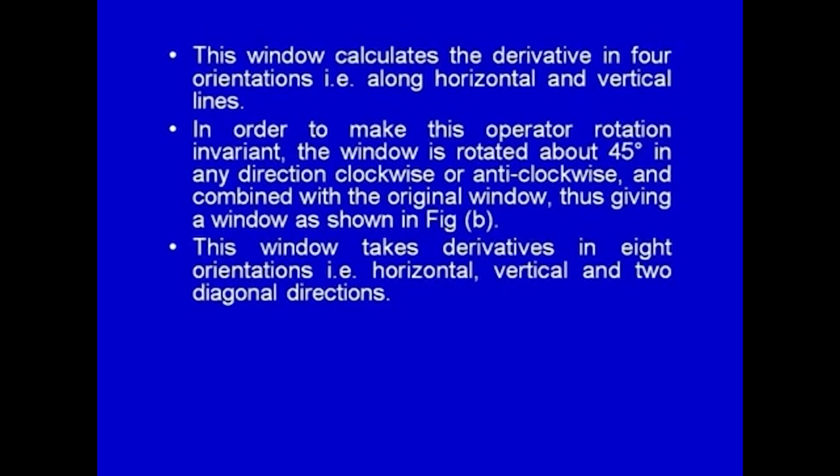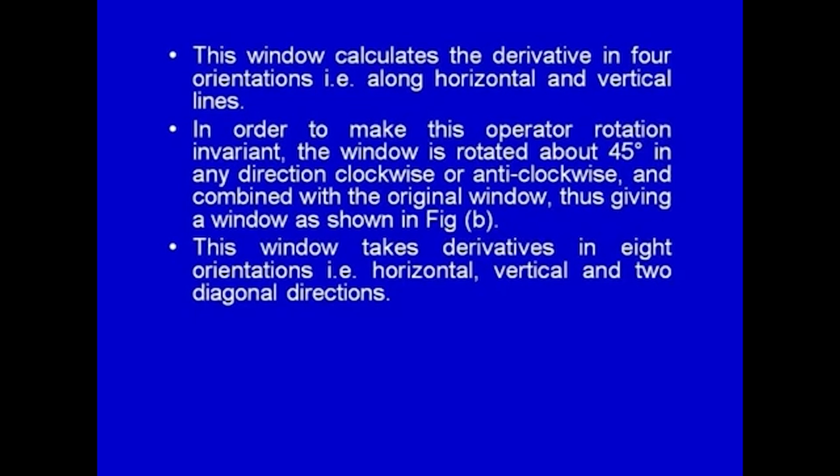Here we find all the 8 neighborhood pixels now have a value of 1, while the central pixel has a value of minus 8. This window calculates the derivative in 4 orientations, that is along horizontal and vertical lines.